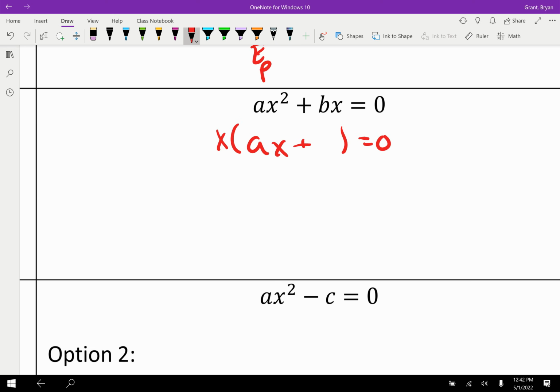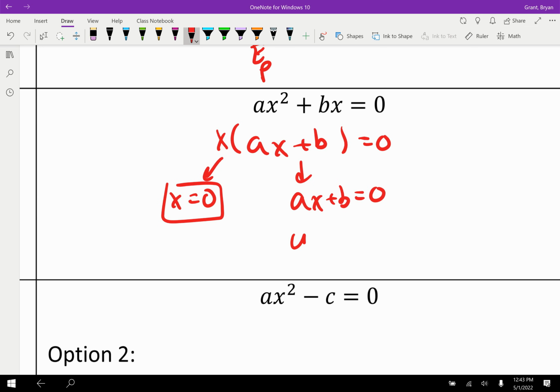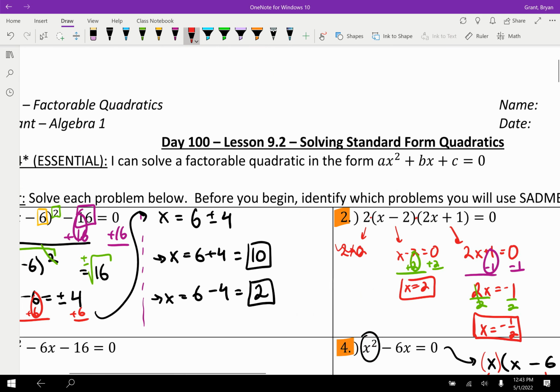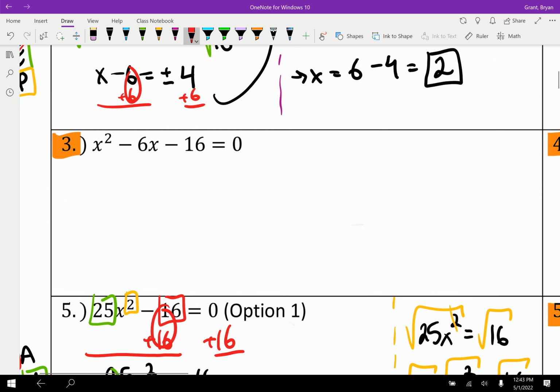That would leave you with ax plus b. And then make 2 equations. X equals 0 will already be solved. Ax plus b equals 0. You need to use SADMAP.